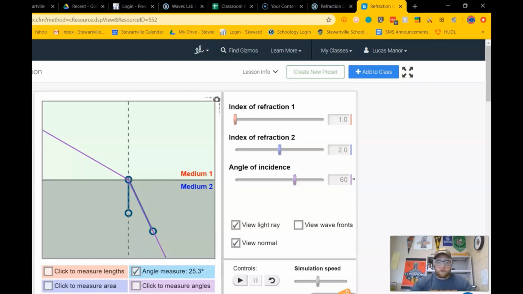And for our final one in this table, we need to set our index of refraction 2 to 3. Adjust our protractor.